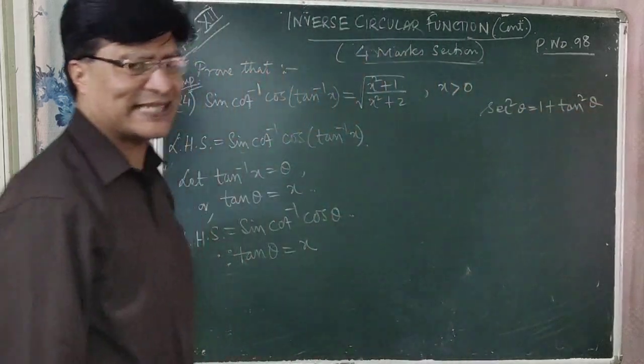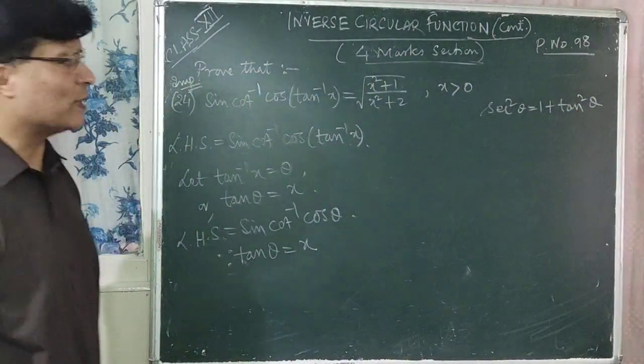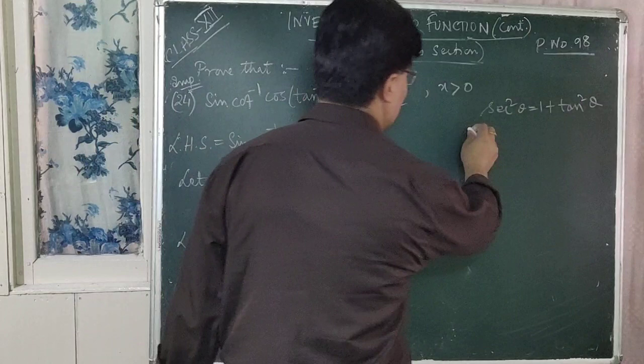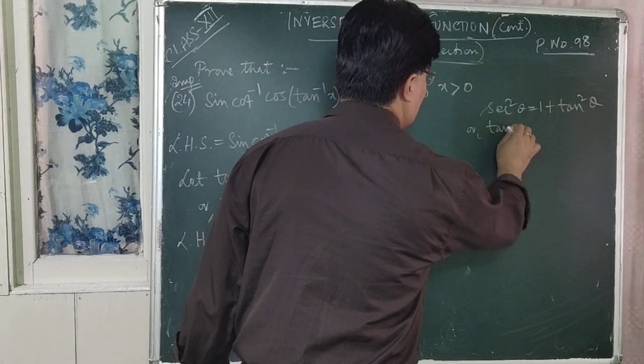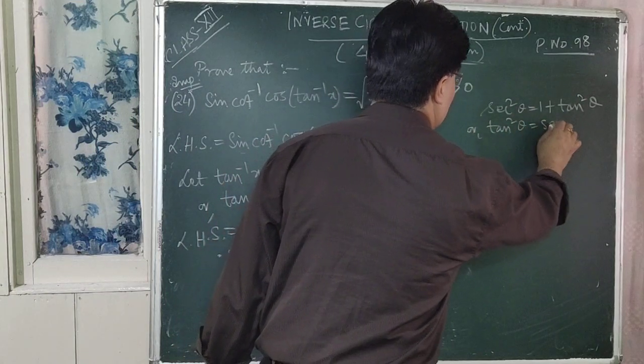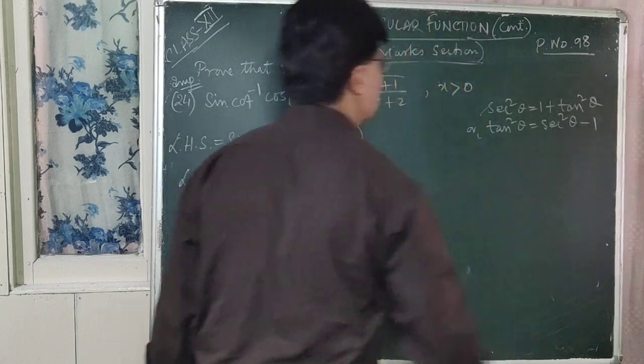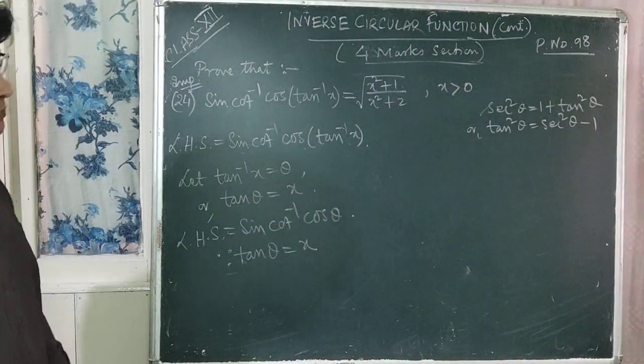You did in class 10, isn't it? Sec square theta is equal to 1 plus tan square theta. Or what is the value for tan square theta now? So tan square theta is equal to sec square theta minus 1.